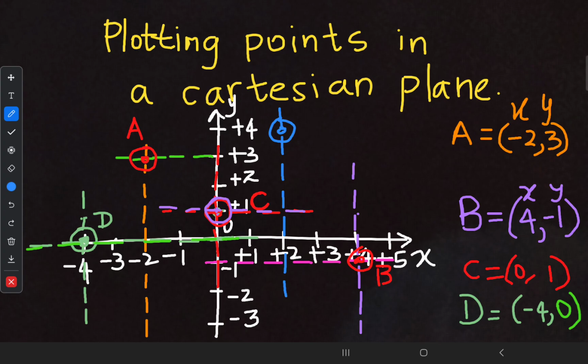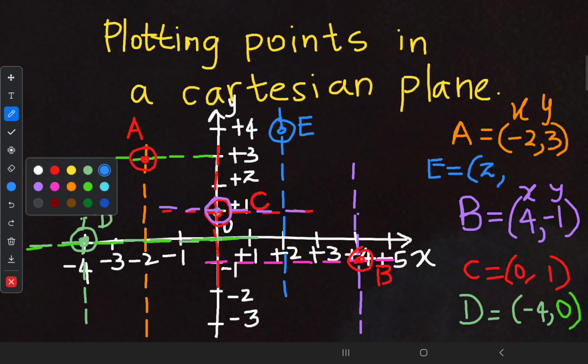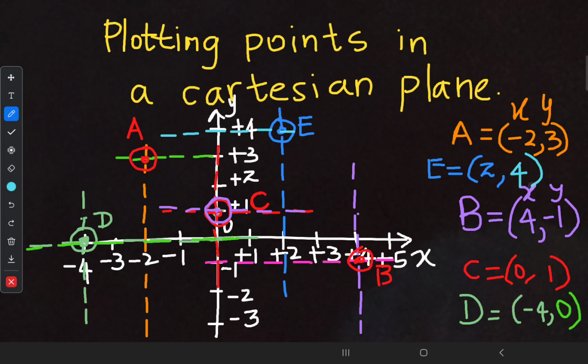Let's consider this point as E. E's coordinate on the x-axis is 2, and on the y-axis we draw a straight line which intersects the y-axis at the point 4. So the x coordinate is 2 and the y coordinate is 4.